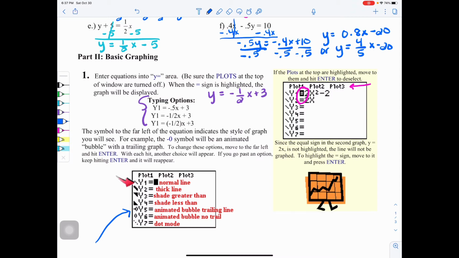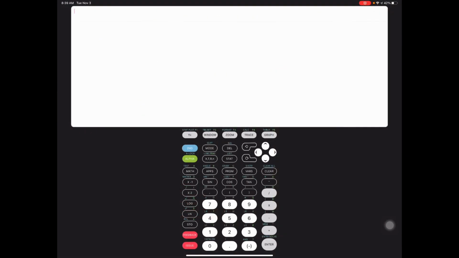Now looking at your graphing calculator, let me point out some of the things we just discussed under number 1. The Y equals button you can see is in the top left corner. I have already entered the equations from that in the screen here. Just want to remind you that your keypad moves you around up and down, and I will go down to Y4 just to show you again how to enter a fraction.